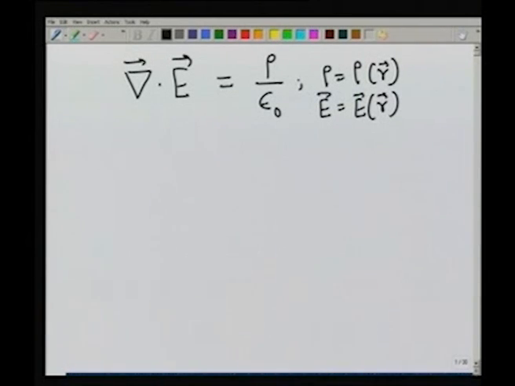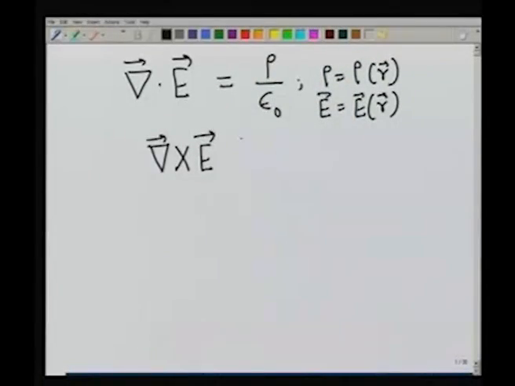The second equation, which supplements Gauss's law, which enforces that the phenomena that we are looking at is electrostatic, the charges are not moving, is the additional condition on the electric field, namely curl E is equal to 0. We were able to write this equation by looking at the explicit solution of the first equation and making use of the principle of superposition.